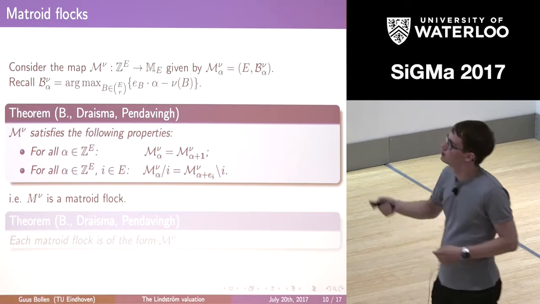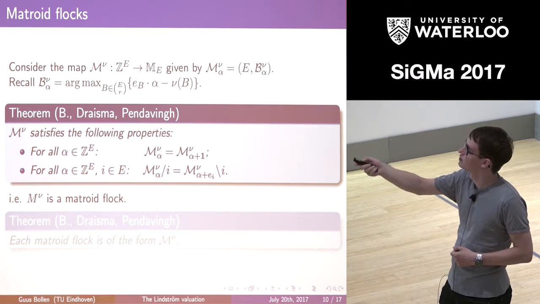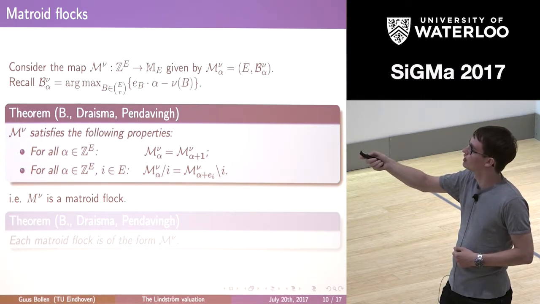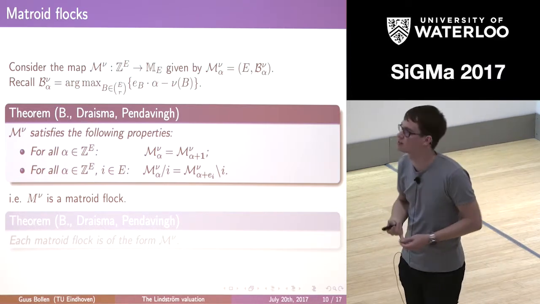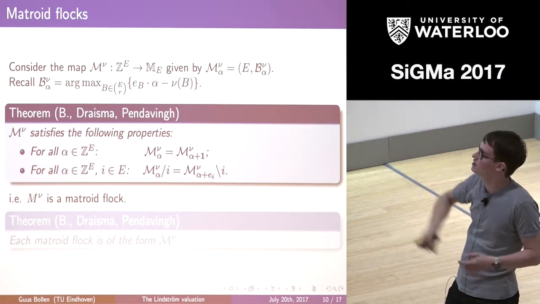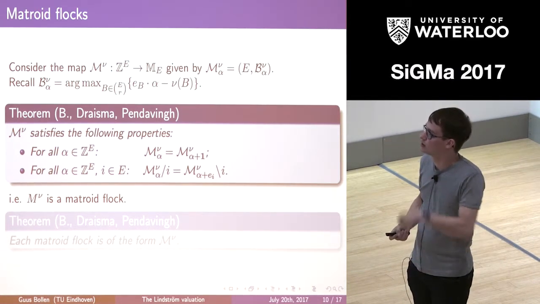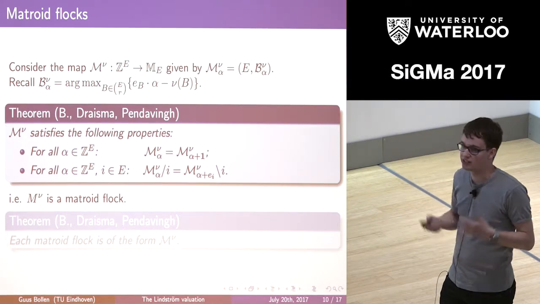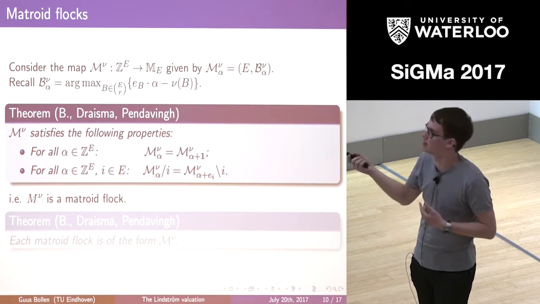So why are these properties satisfied? Well, the first condition is not that hard to see. If a set of bases maximizes this function for alpha, adding the all-one vector to alpha is not going to change the set of maximizers. And the second property says something like, if I raise the value of alpha at the ith coordinate, then bases that contain i are somehow more likely to be in the basis set.